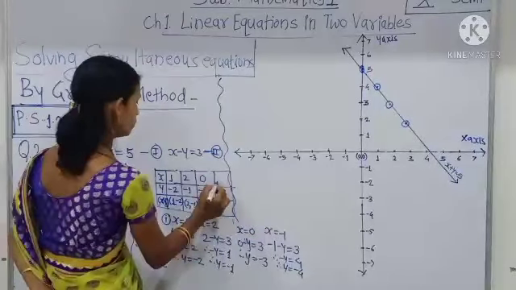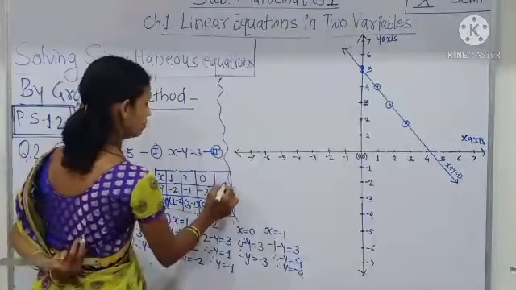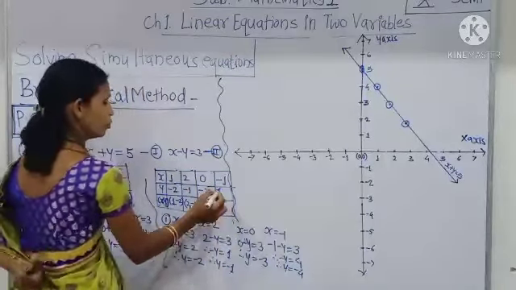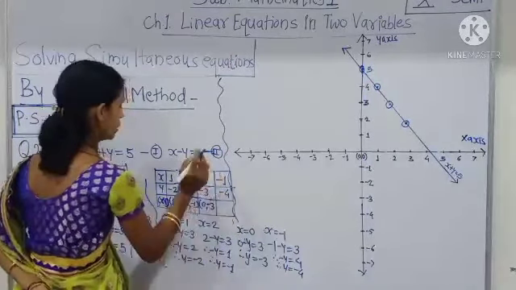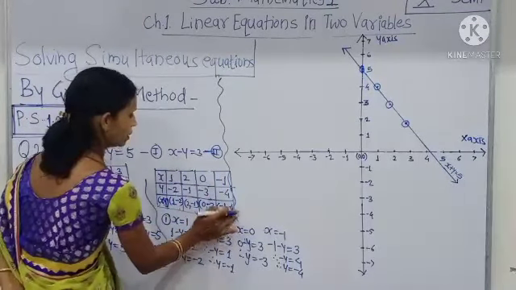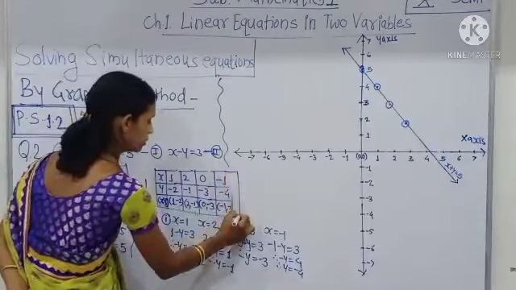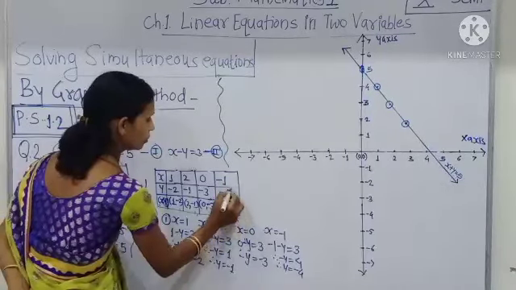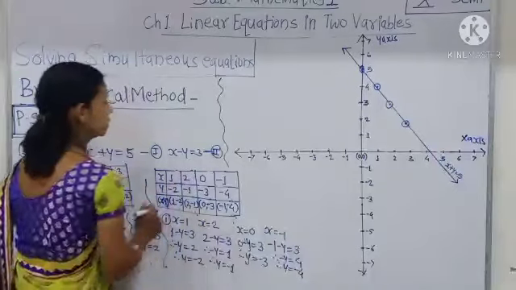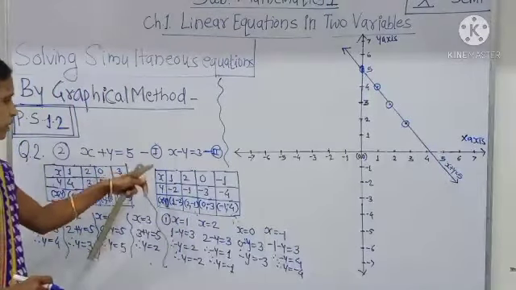For the value of x minus 1, y is equals to minus 4. Therefore (-1, -4) is the fourth ordered pair for the given equation.